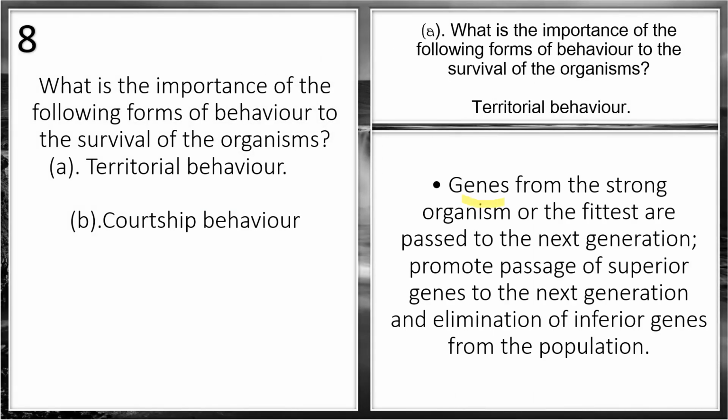Genes from the strong organisms, the fittest, are passed to the next generation. Promotes the passage of superior genes to the next generation and elimination of inferior genes from the population.